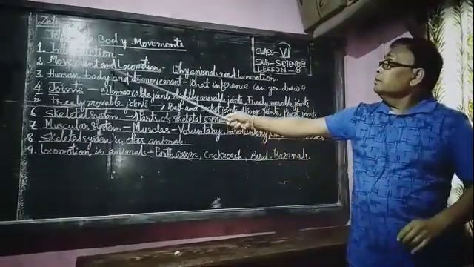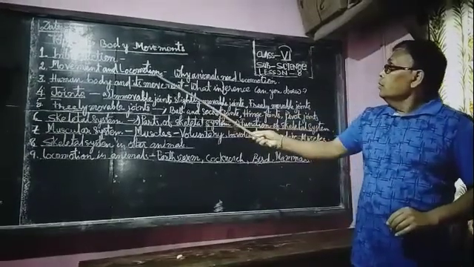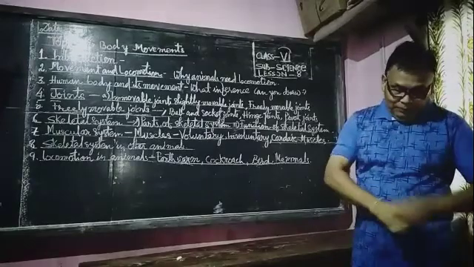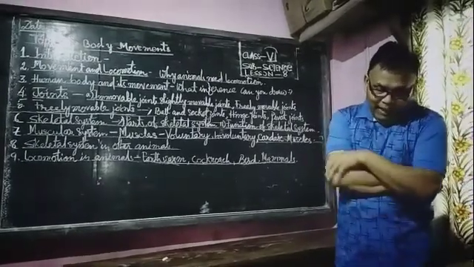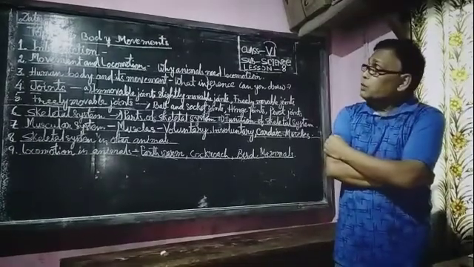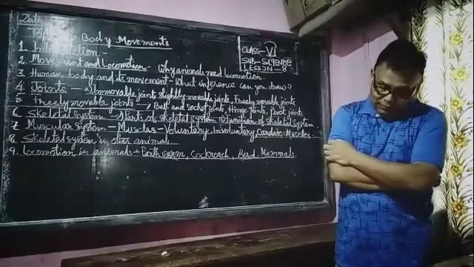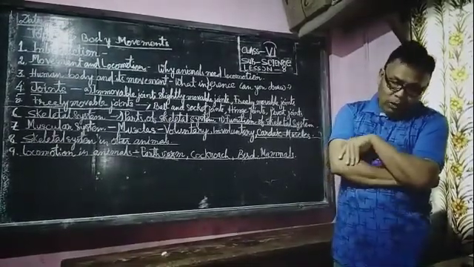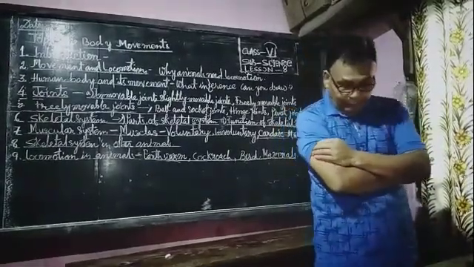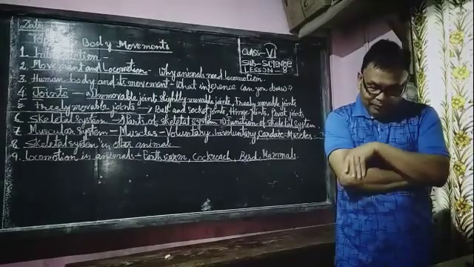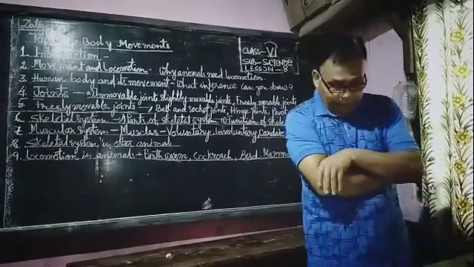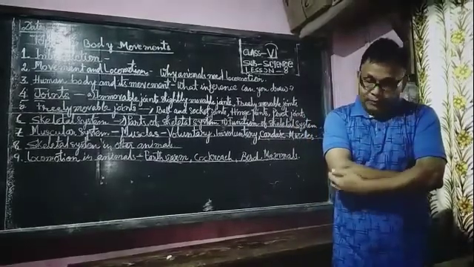Our second point is movement and locomotion. The act of moving from place to place is known as locomotion. It involves the movement of the whole body, as in walking, running, swimming or flying.